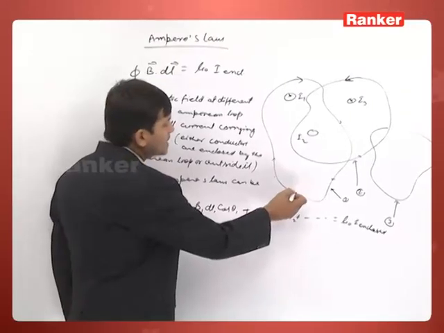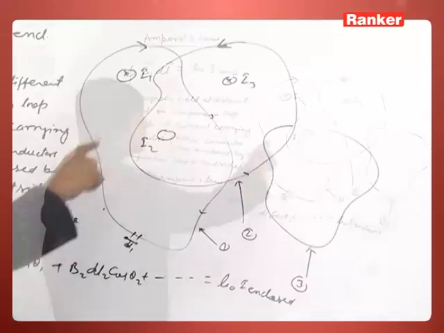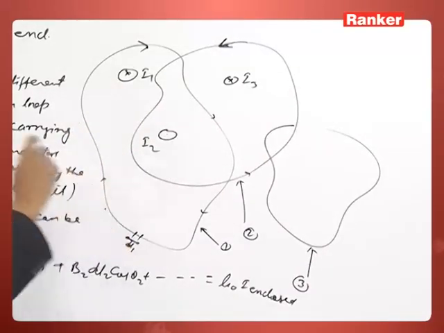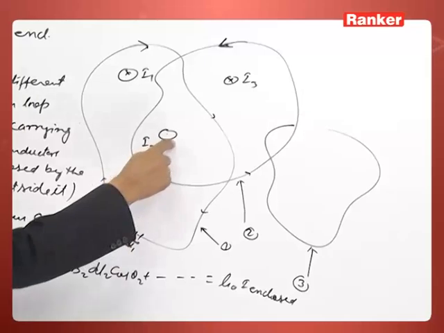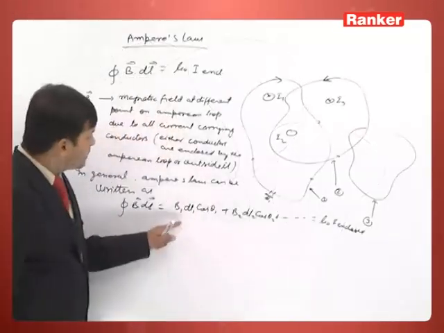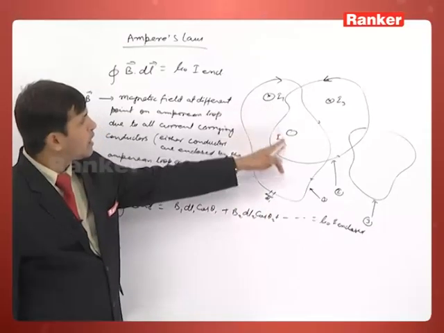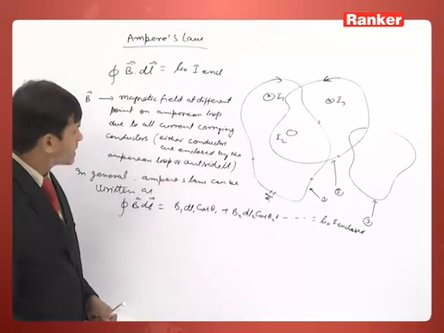At this point, when we calculate the magnetic field, due to current I2 there is some value, due to I3 some value, and some direction. So B1 is the magnetic field at this point due to all current carrying conductors.